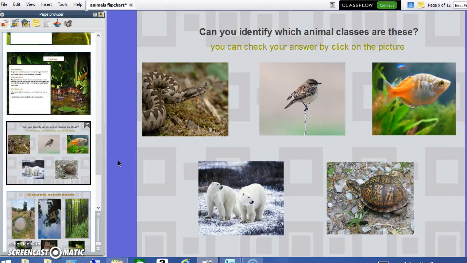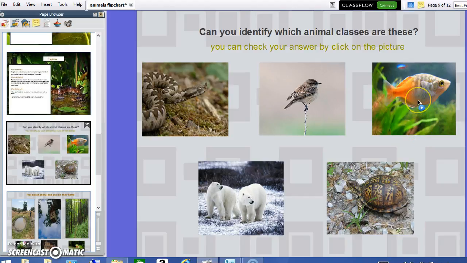the activity. This is the first activity that I will give to students. Can you identify which animal classes these are? The students have to learn which animal classes these are. By seeing the picture, he has to answer before checking his answer.